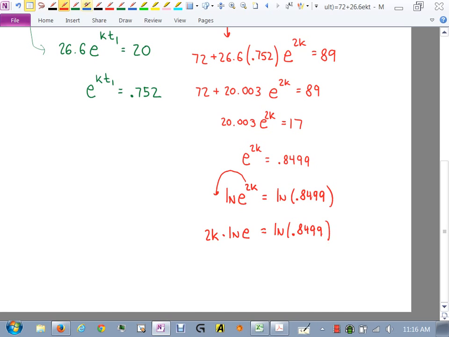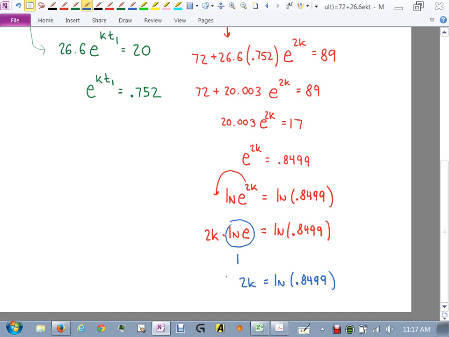But natural log of e is what? 1, right? So we're getting, really here, 2k is natural log of 0.8499. Let's go ahead and take natural log of 0.8499. Right, we do this on the calculator. I get negative 0.1626 or something like that.